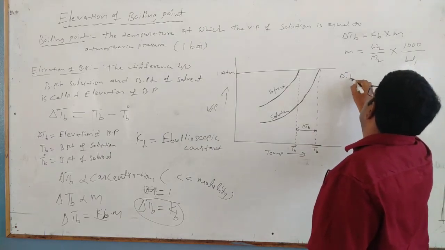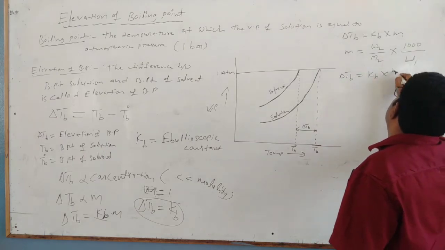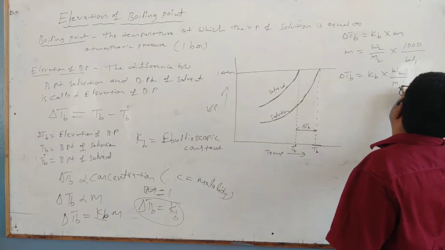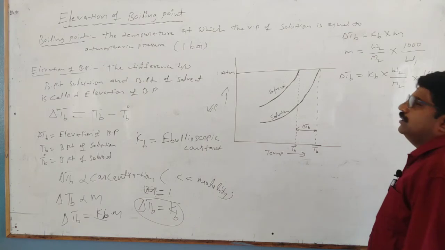Now delta Tb is equal to Kb into, instead of M, W2 into 1000 by M2 into W1.